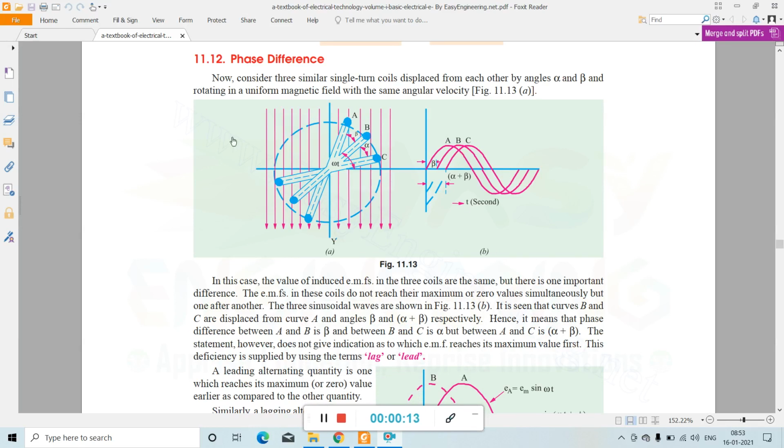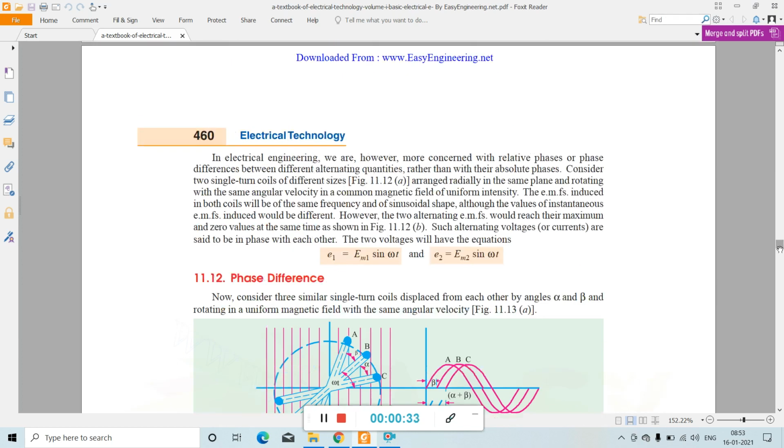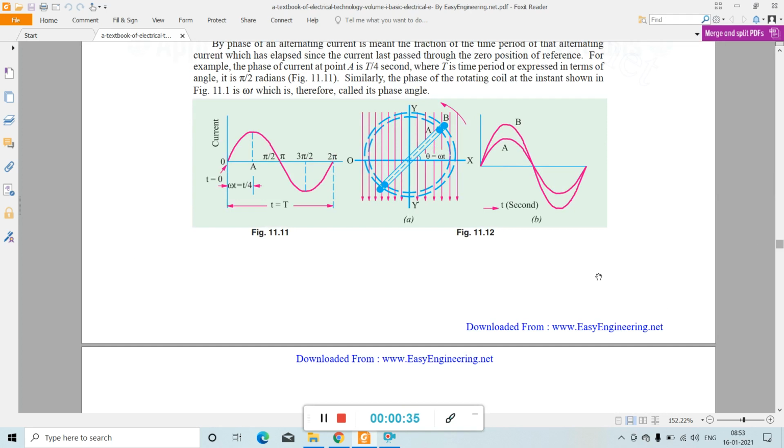So in today's class we will discuss the phase difference. What is this phase difference? In the previous class I already told you about the phase.